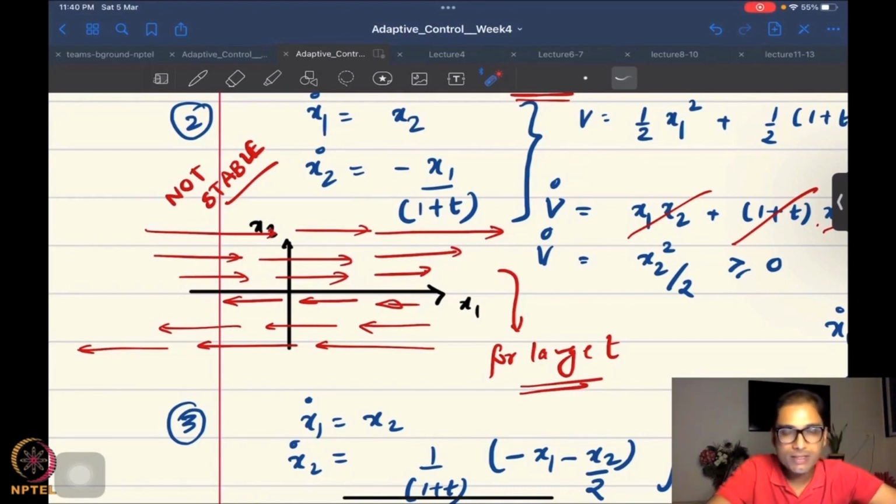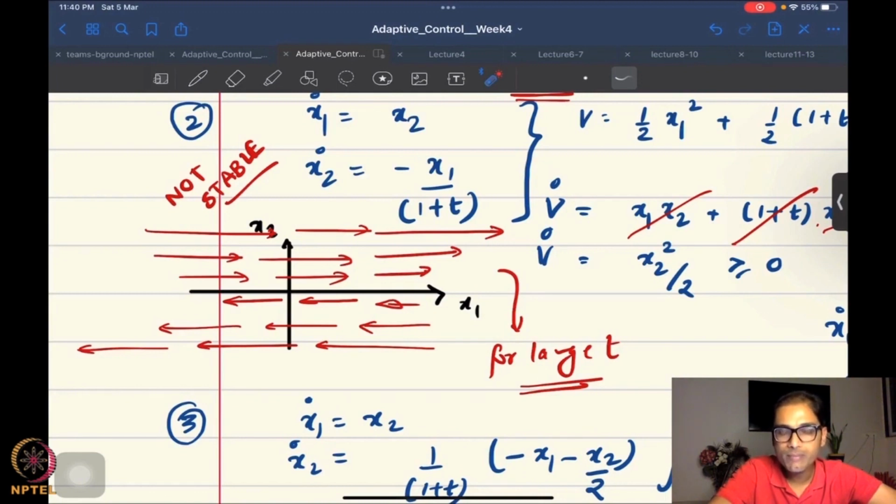Therefore, the system is not stable. Whenever your system states start to go to infinity in any direction, in this case the x1 direction, maybe in the x2 direction they remain bounded, but in the x1 direction they move to infinity, so the system cannot be stable.